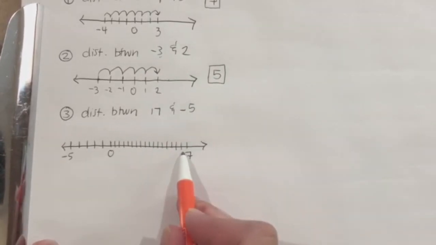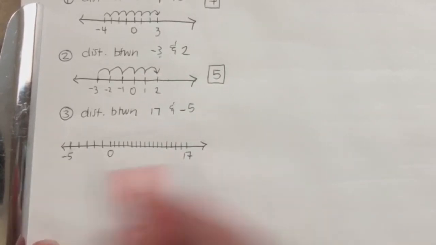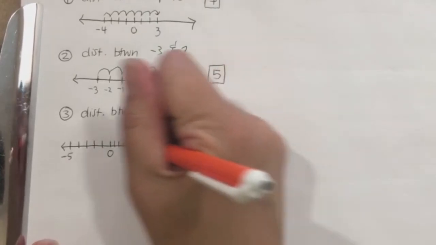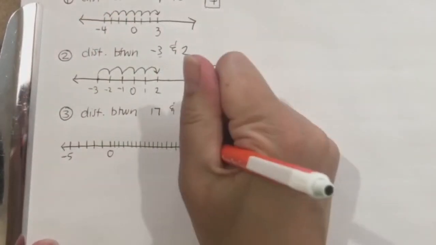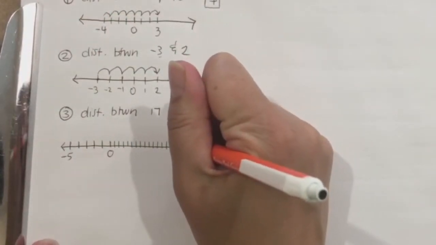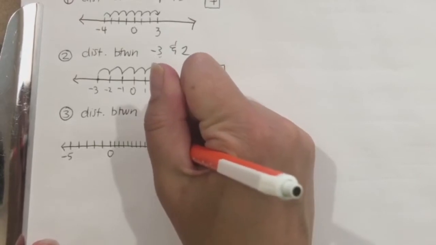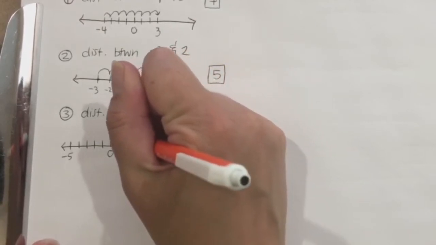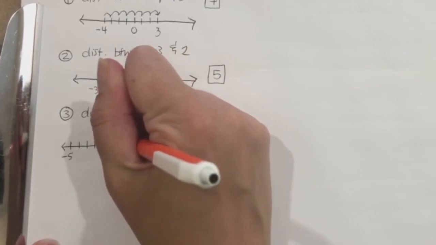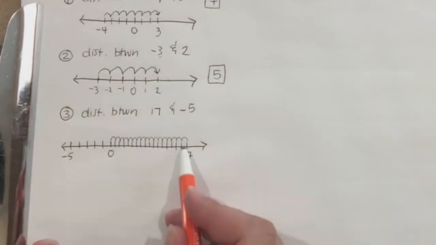Now I need to know the distance. So I already know that this is 17, but I want to show the method from lesson 2, so I'm just going to quickly put these on here. 1, 2, 3, 4, 5, 6, 7, 8, 9, 10, 11, 12, 13, 14, 15, 16, 17. All right, very good.